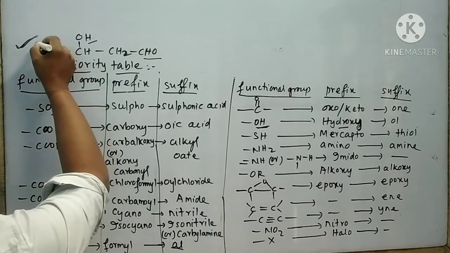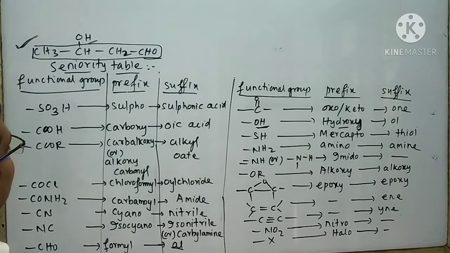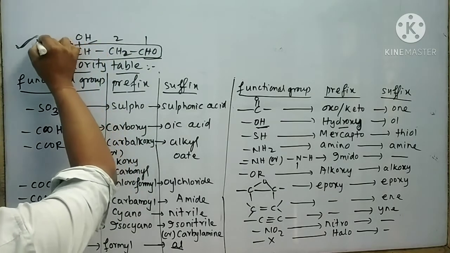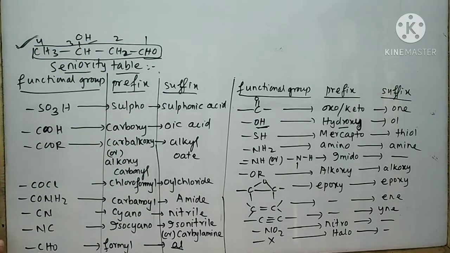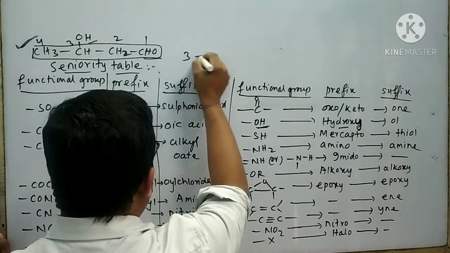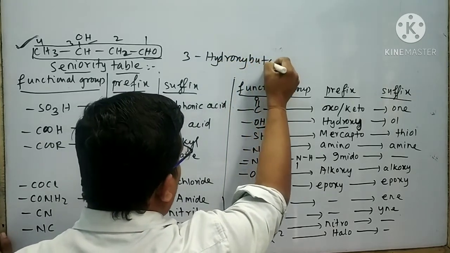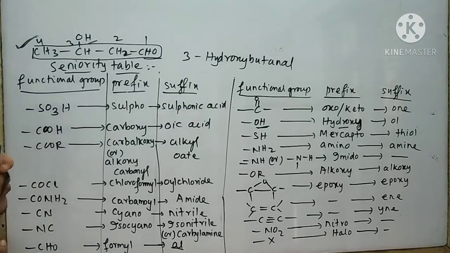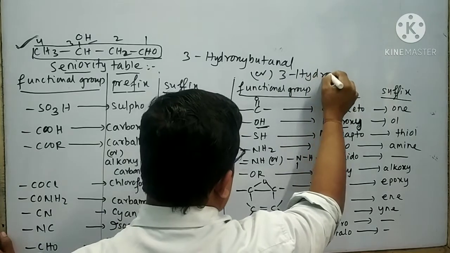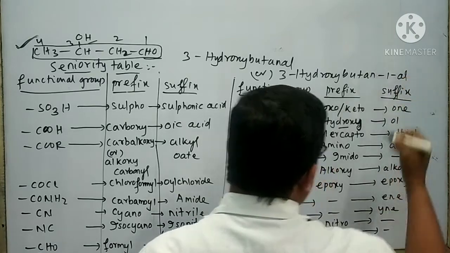So according to the rules, this is the parent chain and we start the numbering like this: 1, 2, 3, 4. At the third carbon the -OH is present, so the name of this organic compound is 3-hydroxybutanal, or you can also write 3-hydroxybutan-1-al.